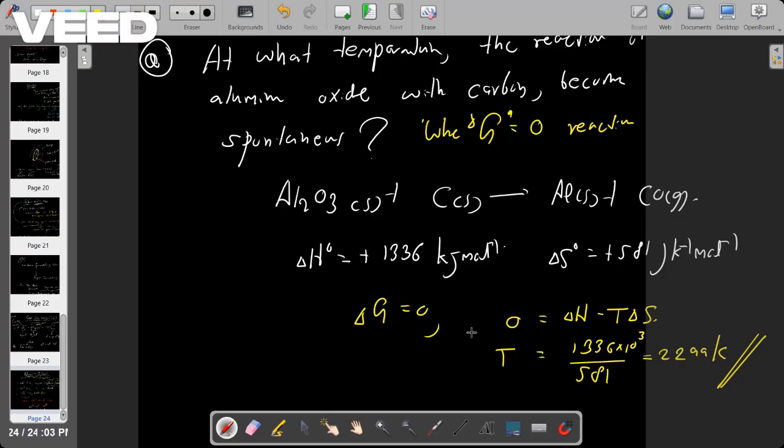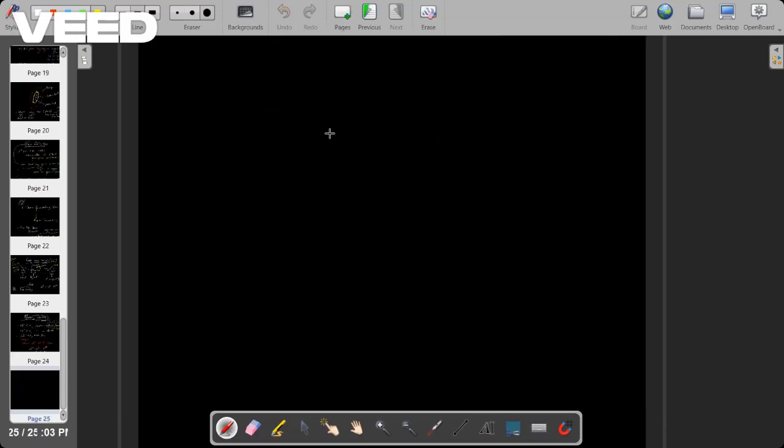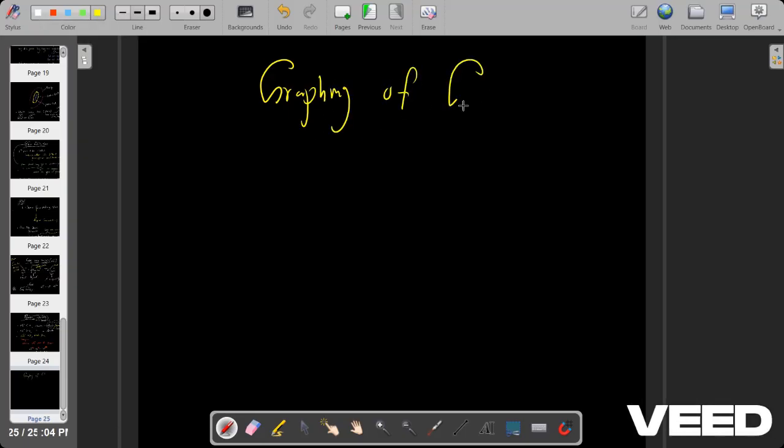There's one more thing. I will give you this for homework: graphing of the Gibbs equation.